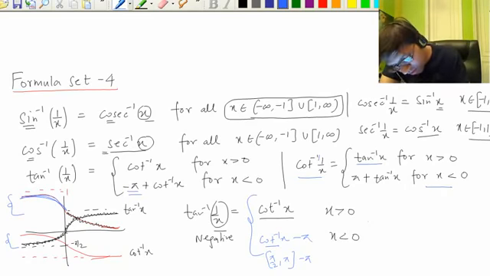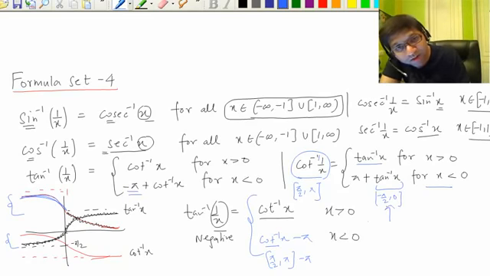But for negative values, cot inverse 1 by x lies between pi by 2 and pi, and tan inverse x lies between minus pi by 2 and 0. So to equate the two, we have to pull it up, we have to add something to it, and that's why we are adding pi. So it comes in the range of pi by 2 to pi.